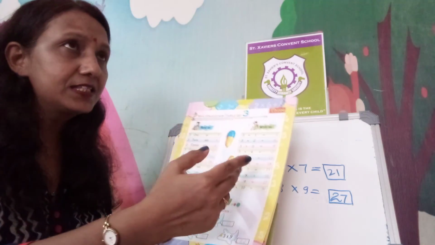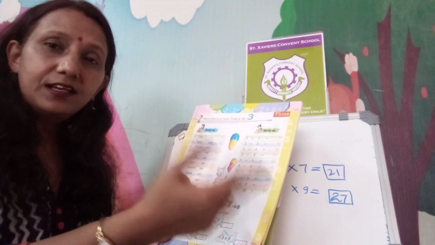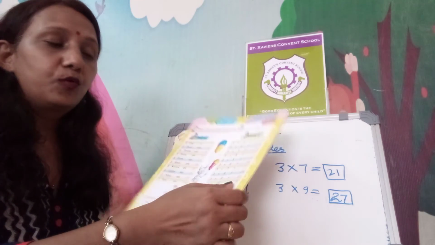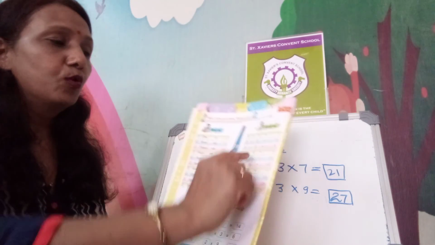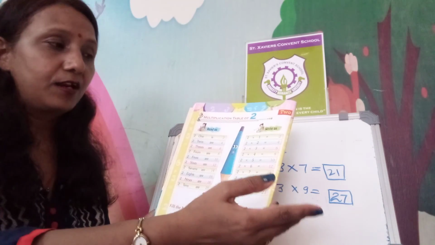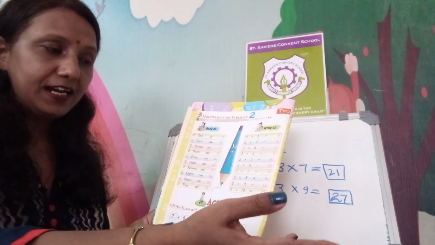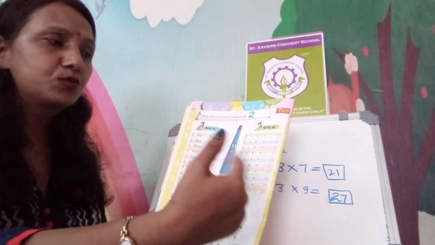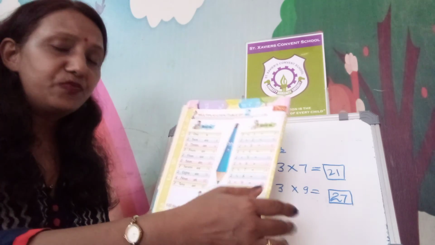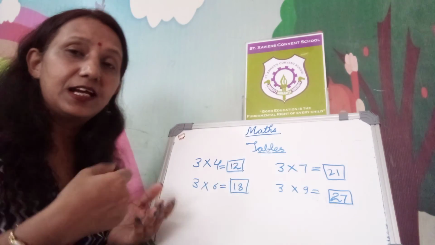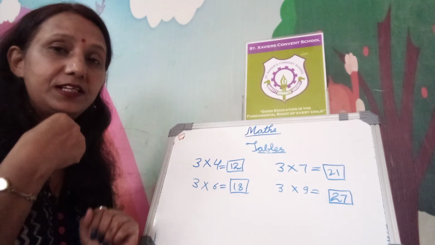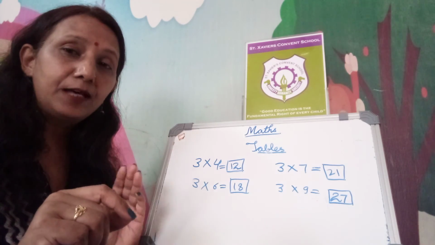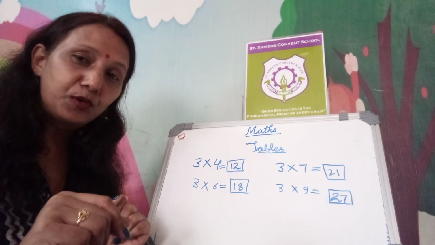When somebody says 3 3s are, you say 9. 3 5s are, you say 15. Somebody says 2 5s are, you say 10. 2 4s are 8. 2 6s are 12. 2 9s are 18. 2 2s are 4. This way you can immediately know the answer. You can write also, and mathematics will be easy for you.